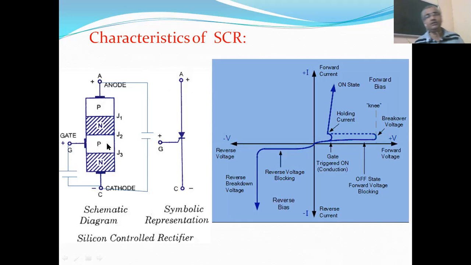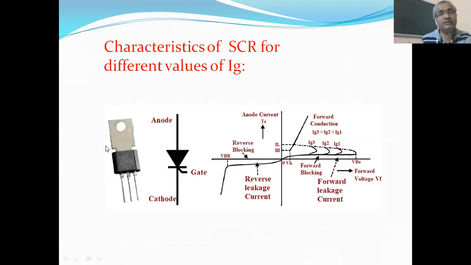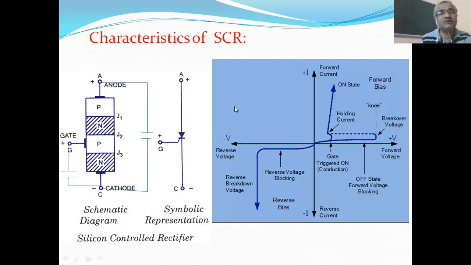As these electrons are available in the P region, they will be attracted towards the positive terminal of the battery, and therefore junction J2 will start breaking down at a lower anode to cathode voltage, because the charge carriers are already made available in the P region due to this small gate voltage applied.